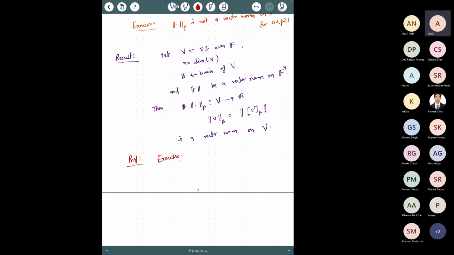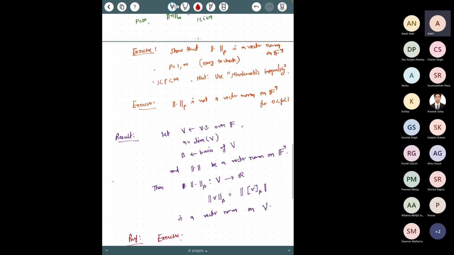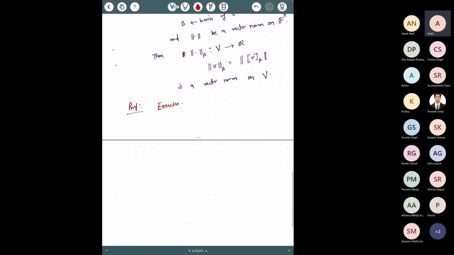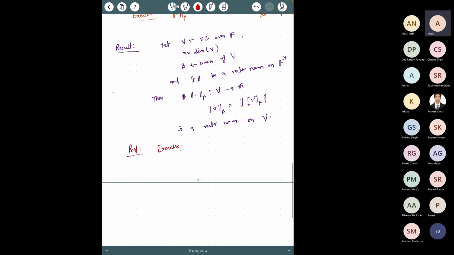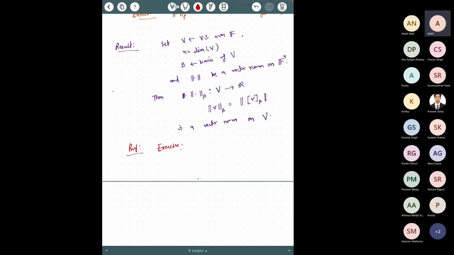So far, whatever proofs I have skipped, the proof is very straightforward, very elementary, using just the properties of norm. So I don't want to spend time on that. In the next result also I'll just state it, but the beauty of this result is that it answers many things, like the sum of two norms is again a norm, the maximum of two norms is again a norm. This kind of question it will answer.